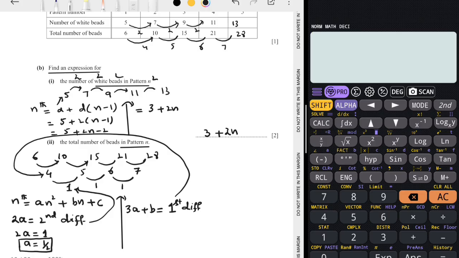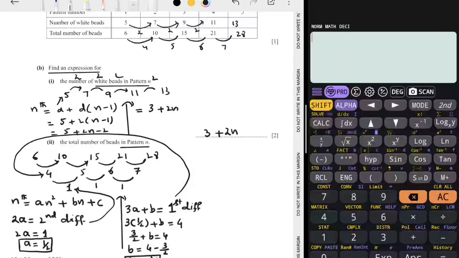So we'll substitute the value of a, that is 1 by 2, so 3 by 2 plus b is equal to 4. We'll subtract 4 minus 3 over 2, so it would be 5 by 2.